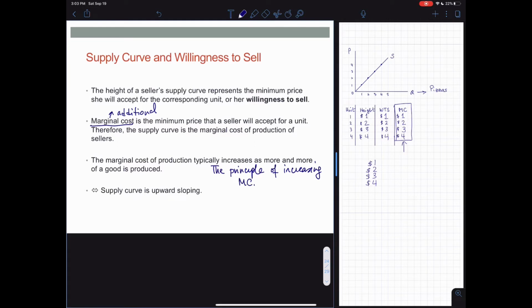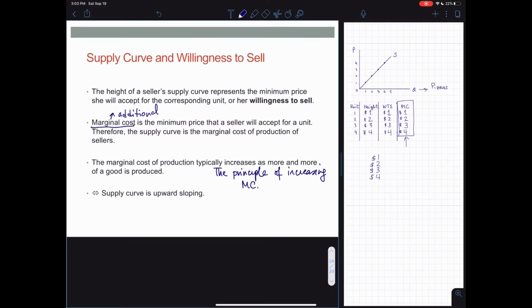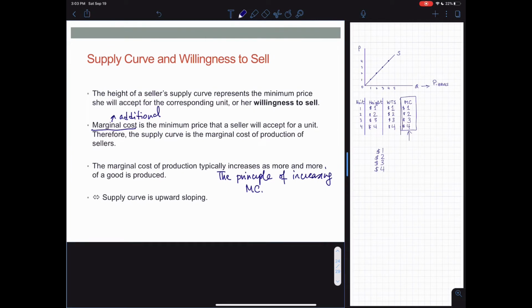This is something that we'll explore in greater detail when we talk about cost of production. But for now, it is sufficient to notice that there is such a principle called the principle of increasing marginal cost. And because the supply curve represents the marginal cost of production, the supply curve is upward sloping.